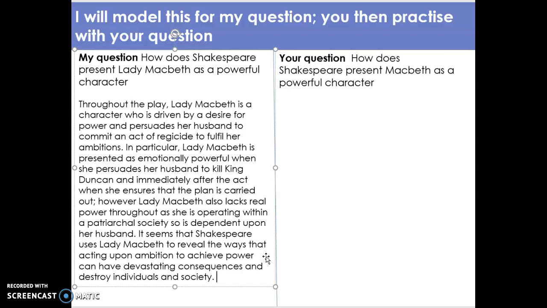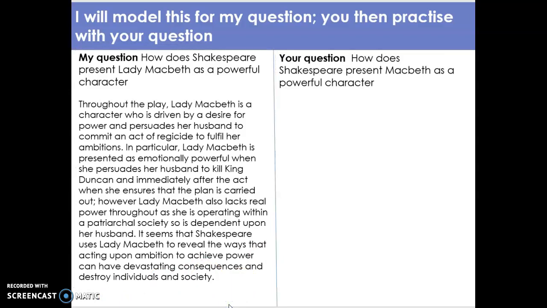However, Lady Macbeth also lacks real power throughout, as she is operating within a patriarchal society, so is dependent upon her husband. It seems that Shakespeare uses Lady Macbeth to reveal the ways that acting upon ambition to achieve power can have devastating consequences and destroy individuals and society.